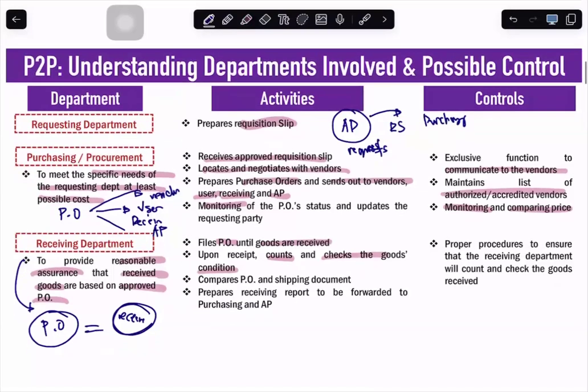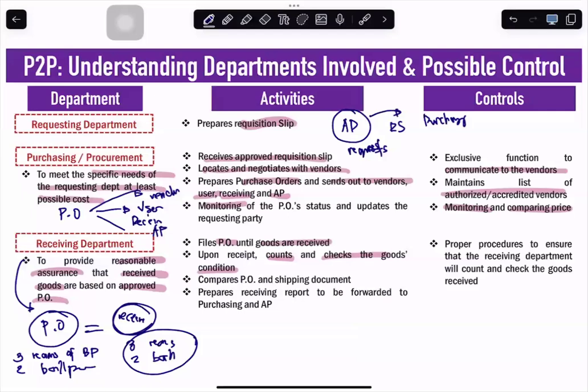So let's say in the PO, place there 3 reams of bond paper, 2 ball pen. Okay. Now, if they will receive it, they should receive the 3 reams and 2 ball pen. And they will check whether the 3 reams and 2 ball pen are in proper condition. Because if ever it is not in proper condition, they must return it.